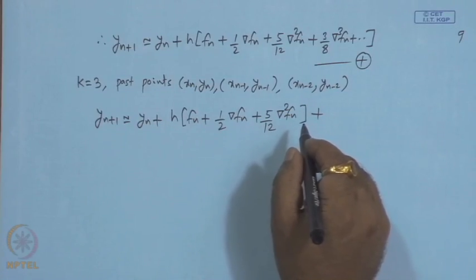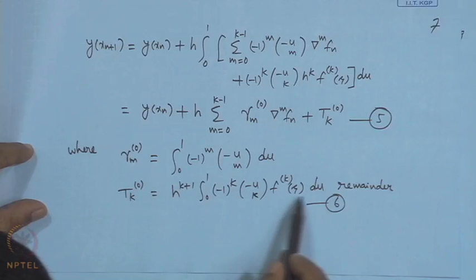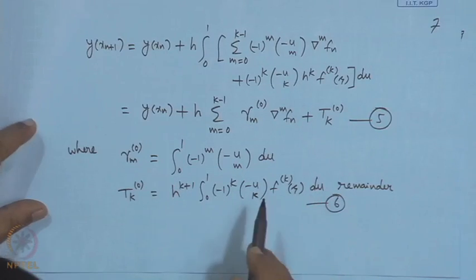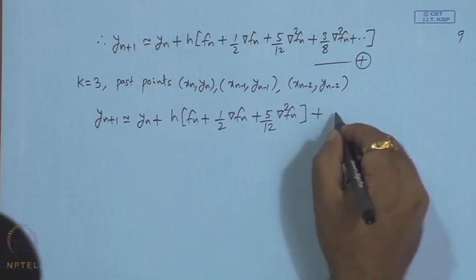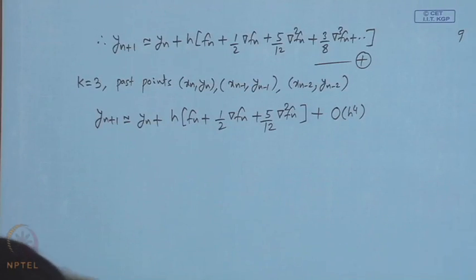T k is, if k is 3, h power 4, and this must be evaluated as a remainder. So, I can write h power 4.